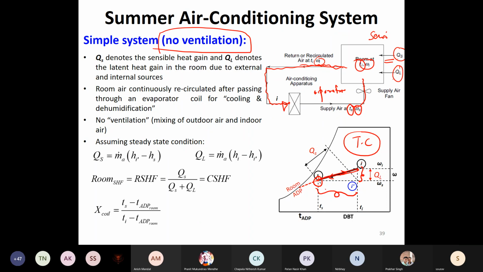So your air conditioning system has to balance out this QS and QL. If there is a mismatch, then definitely there is no steady state at all.